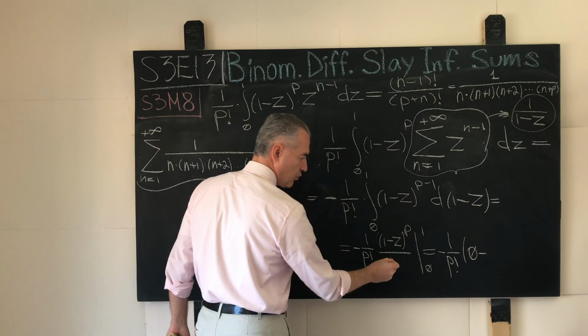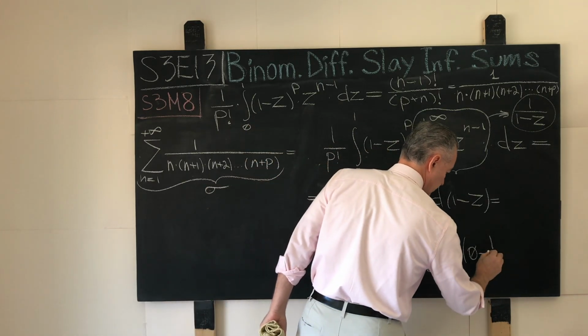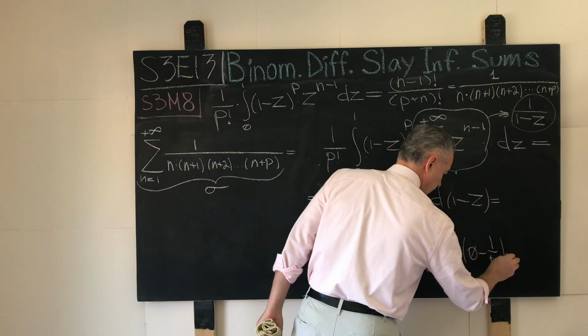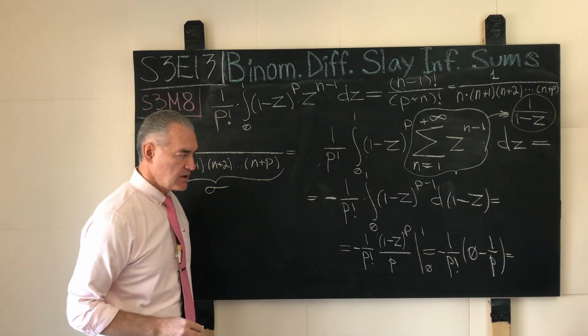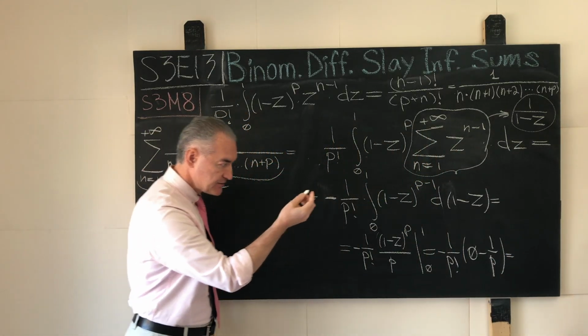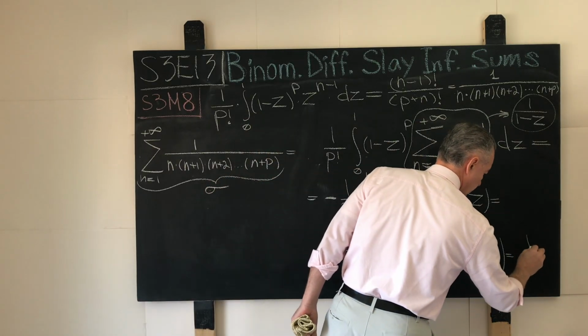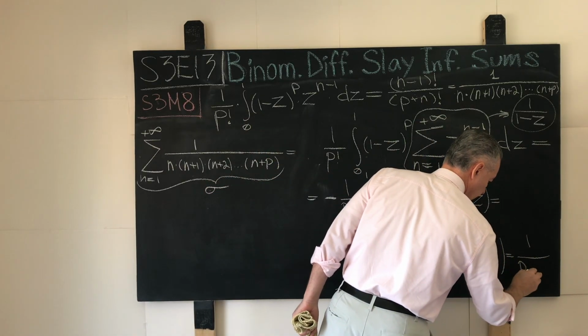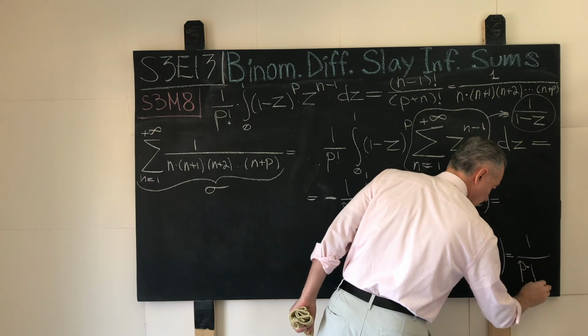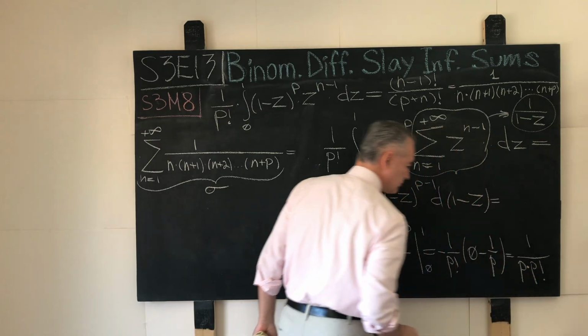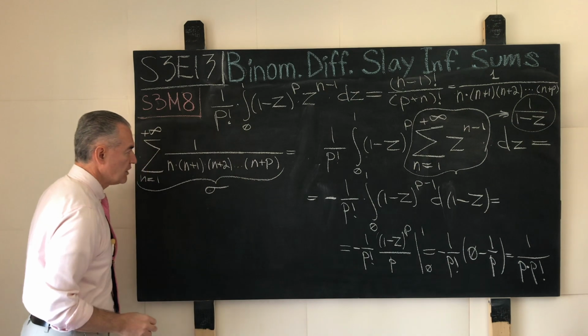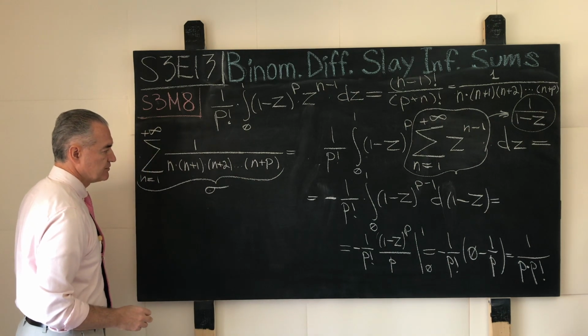We have 1 over p, so minus 1 over p. And what is the bottom line here? Minus times minus is plus. So voila, we have our answer: 1 over p times p factorial.